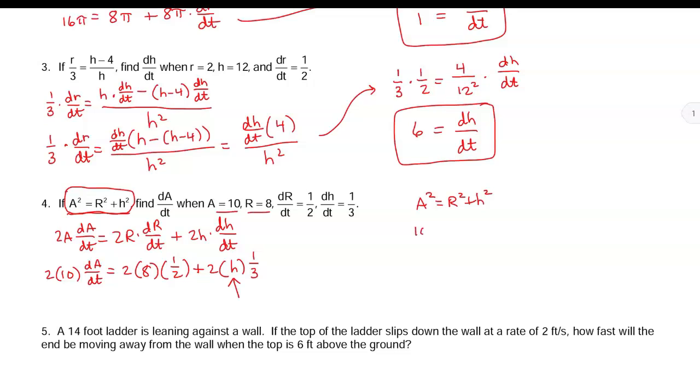So if I substitute in 10 for a, 8 for r, I can find out what h is. This probably looks familiar to you: 10 squared equals 8 squared plus 6 squared. h is 6, so actually I could put a 6 in there. So my equation becomes 20 times dA/dt equals 8 plus 4. That means dA/dt is 3/5.